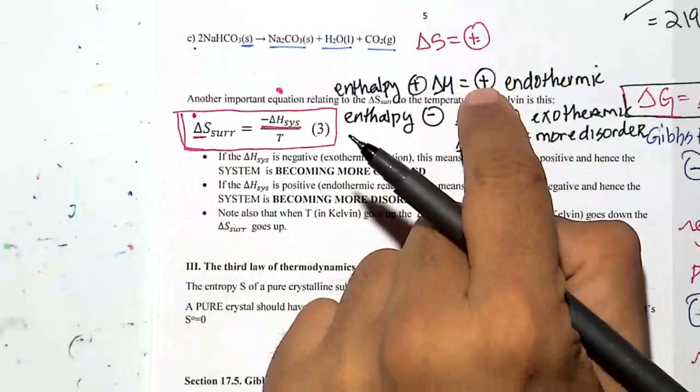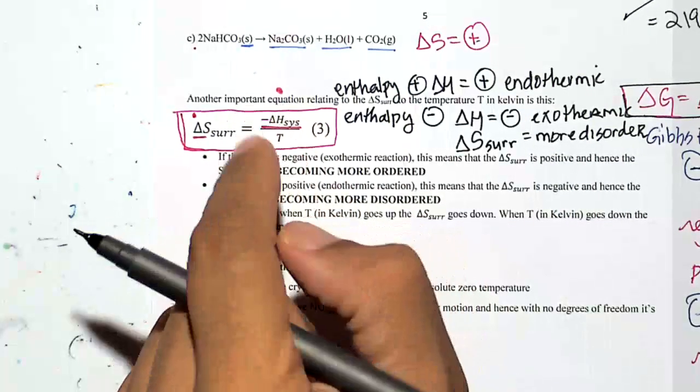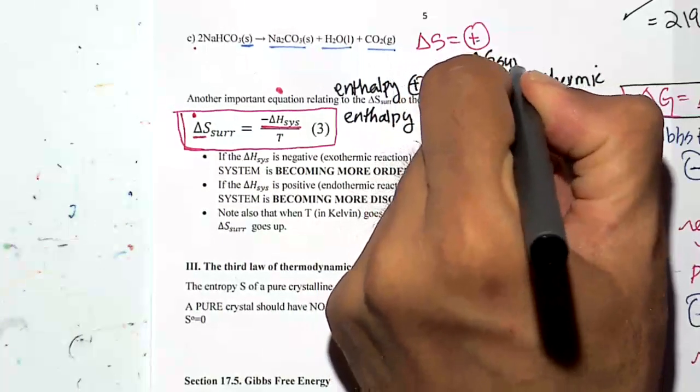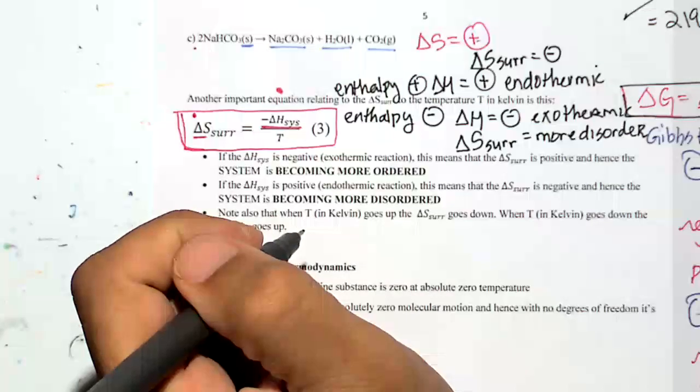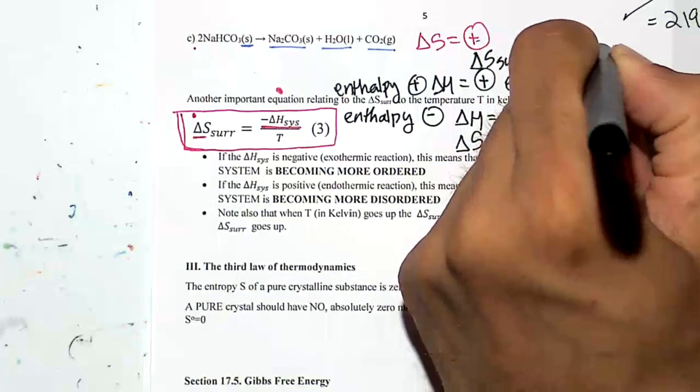And if this is endothermic, your delta H is positive. Positive into negative is negative. Your delta S of the surroundings is negative, which means you're getting into a situation where you're having more order.